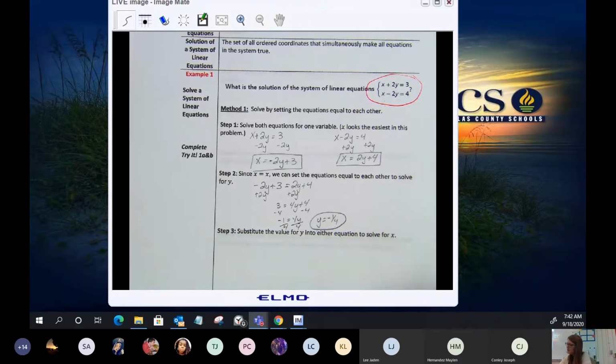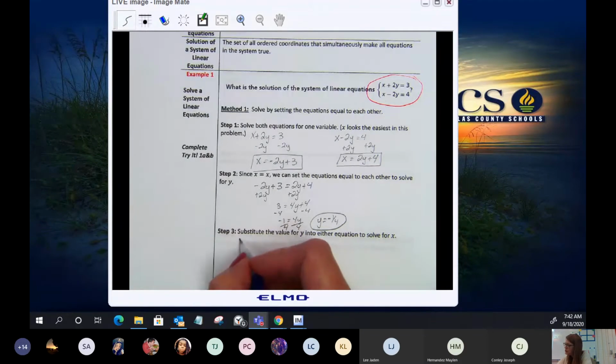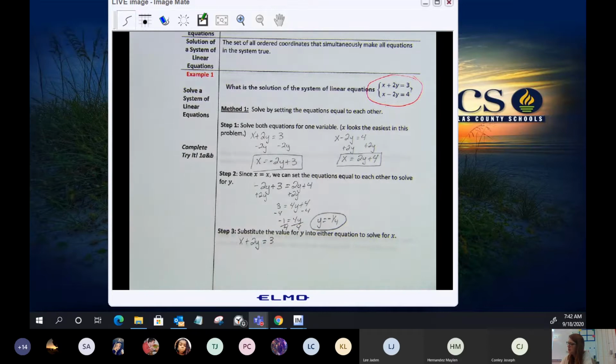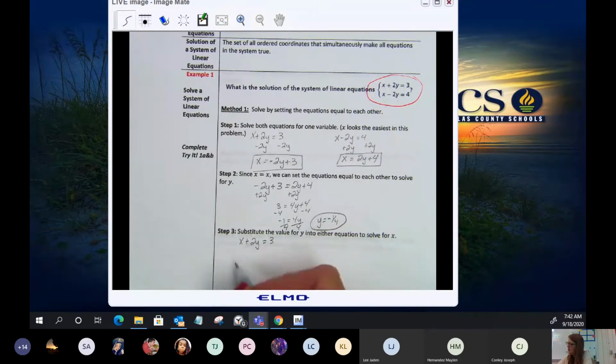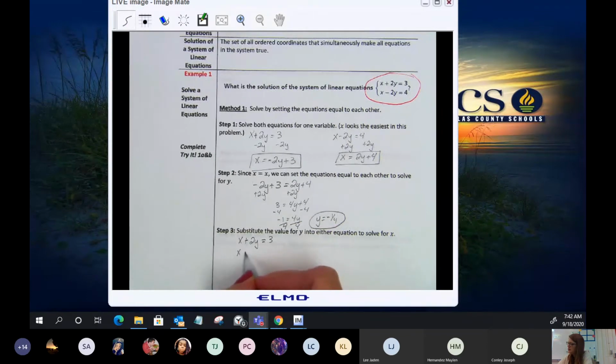Let's grab the top one, the first line, x plus 2y equals 3. Substitute y equals negative 1/4 in for y. We get x plus 2 times negative 1/4 equals 3.